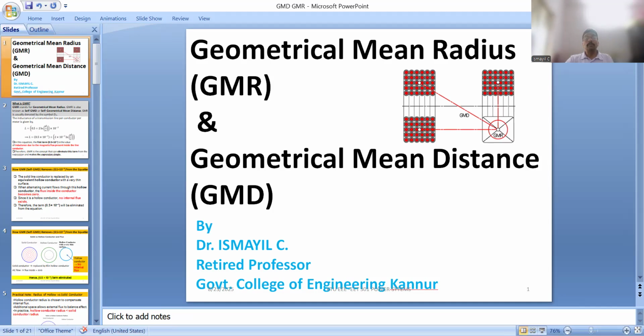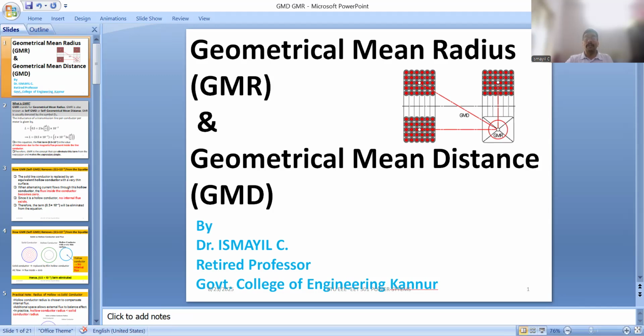For a three-conductor triangle configuration, we already know that GMD is equal to the cubic root of the product of the distances between each conductor. So this is the formula. In this case, the distances are the same, hence this calculation is not needed.